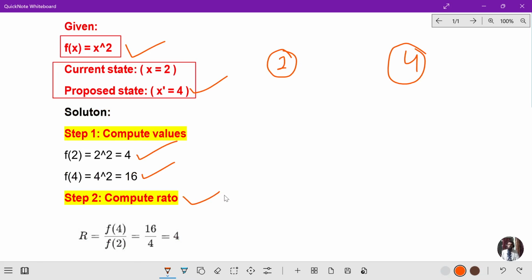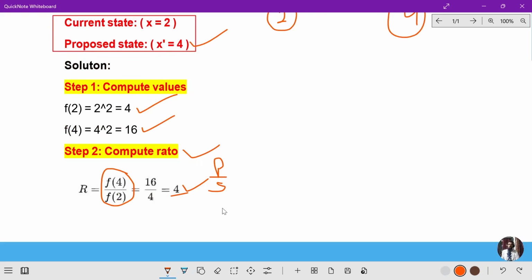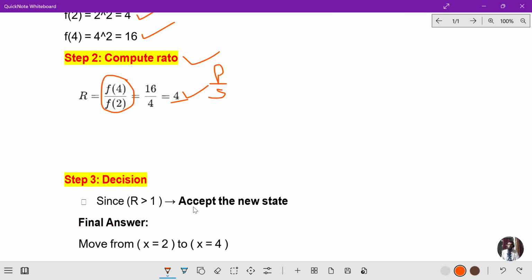Now we will find the ratio. How to find this ratio? That is equal to f of 4 by f of 2, which is the proposed state by current state. So the answer is 4. Now we will go for step 3. What is the value of r? r is 4, which is greater than 1.